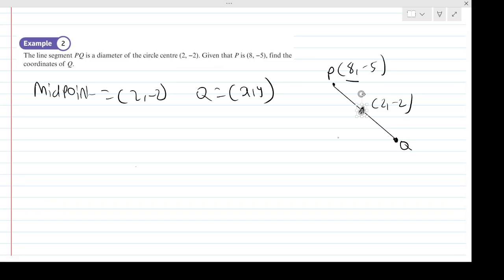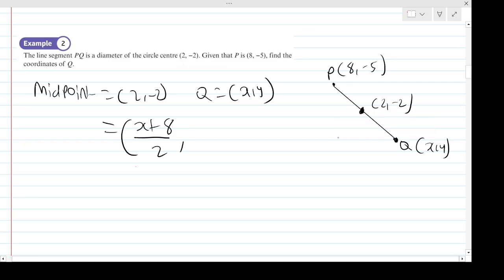Okay, so the midpoint then would be, in this case, if Q's (x, y), equal to adding the x and the y values of P and Q, over 2. So x for Q, add 8 for P, over 2.